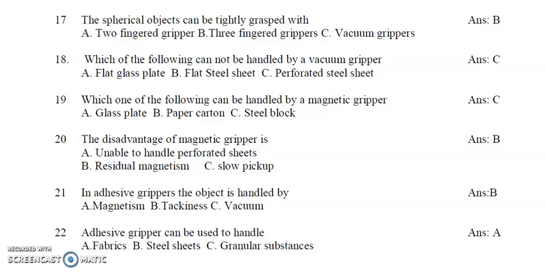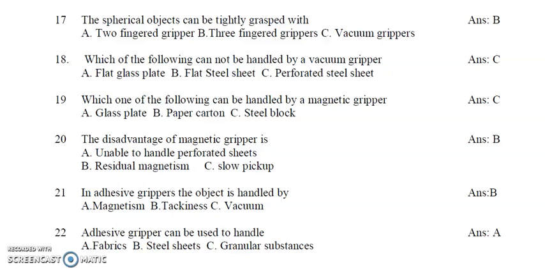Question 18. Which of the following cannot be handled by a vacuum gripper? A. flat glass plate, B. flat steel plate, C. perforated steel plate. Flat glass plate can be handled by a vacuum gripper.